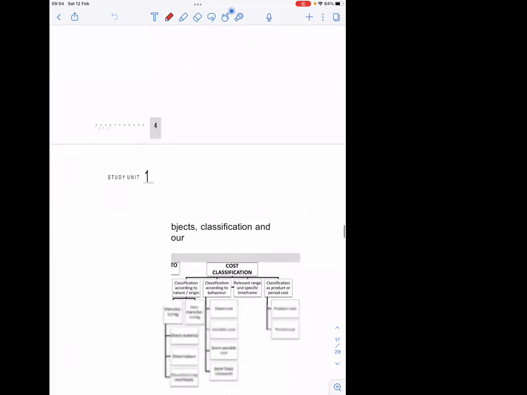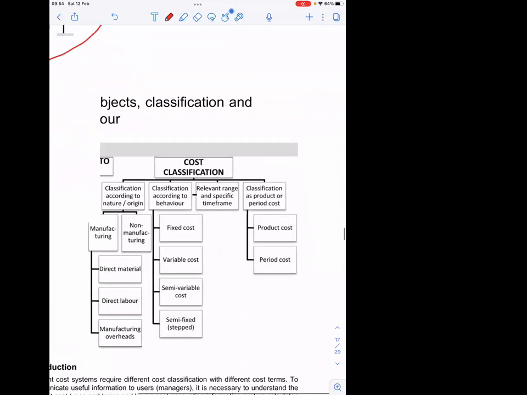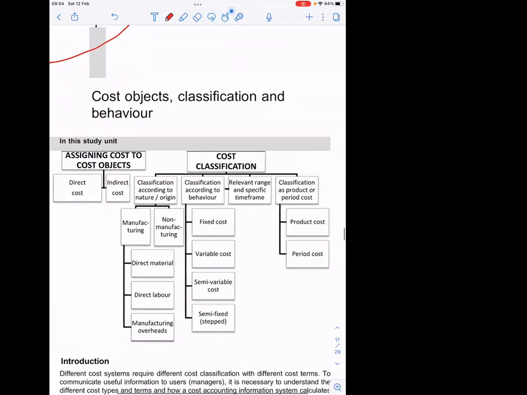Right, this is your topic number 1, the learning unit number 1. So here they talk about the cost. I have to explain all that table. By the end of this class, you must know what's happening there. Right. On the left, they say assignment of cost to cost objects. We've got direct cost, and we've got indirect cost. Later on, we'll define what is what.